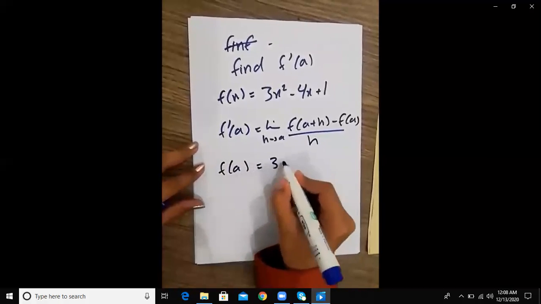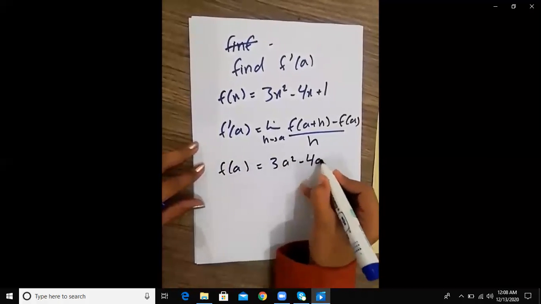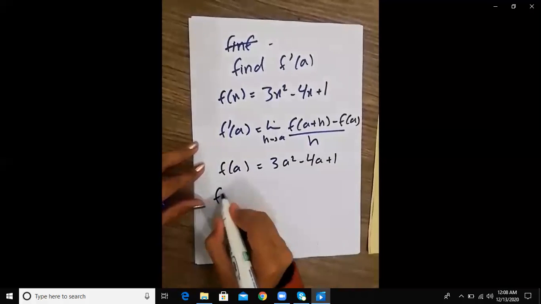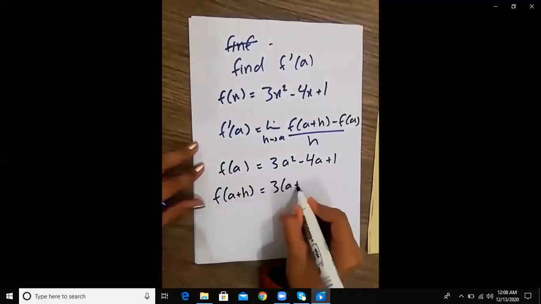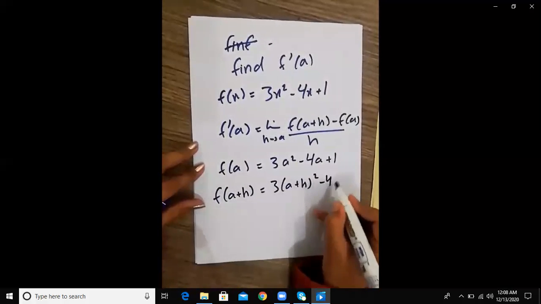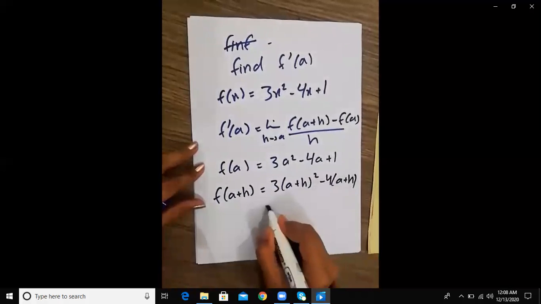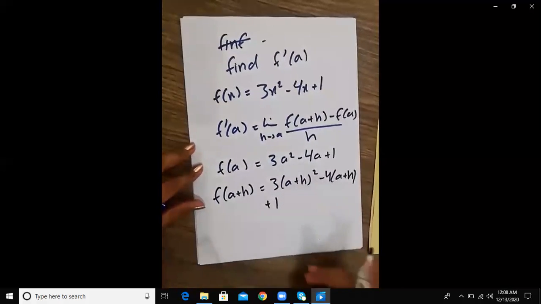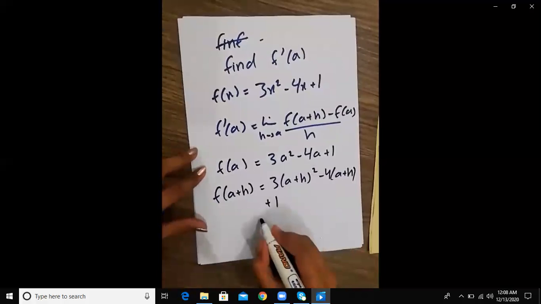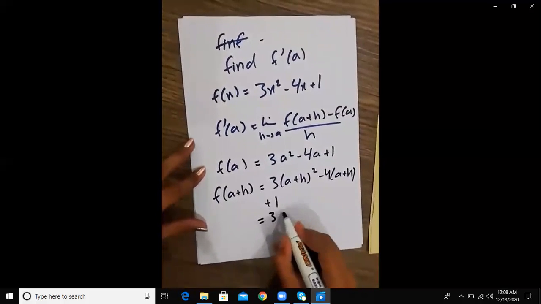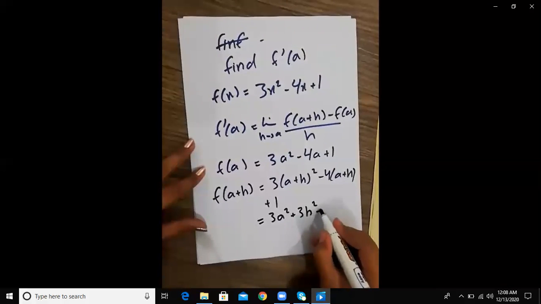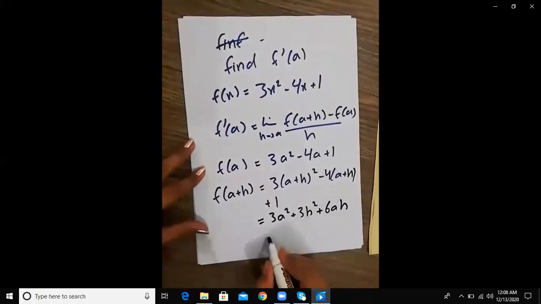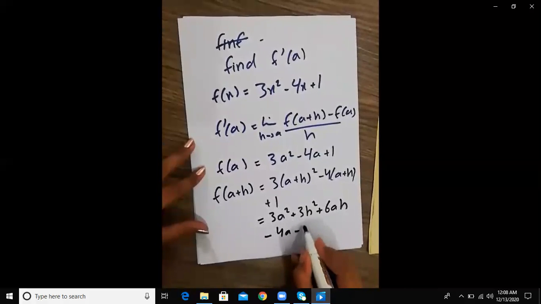F of A is equal to 3a square minus 4a plus 1, and f of A plus h is equal to 3 into a plus h whole square minus 4 into a plus h plus 1. And if we simplify it, it will become 3a square plus 3h square plus 6ah minus 4a minus 4h plus 1.